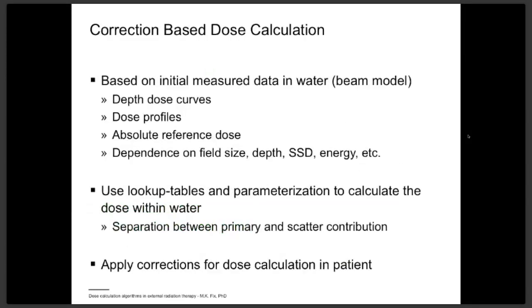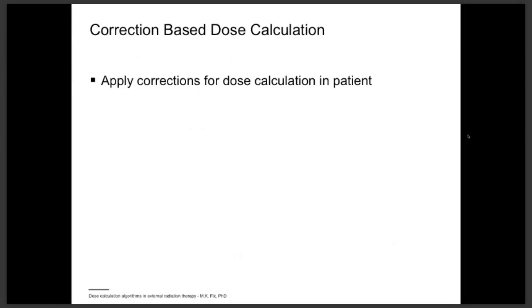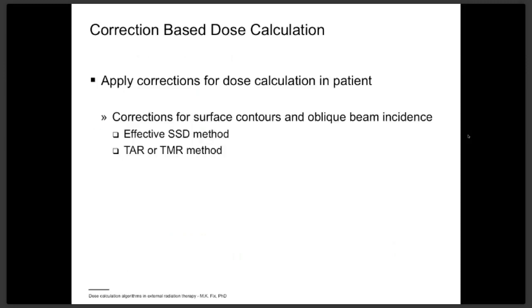Okay, now where are we in the list? We have looked at the initial measured data in water. We have made lookup tables like the tissue air ratio or tissue phantom ratio. And now we need to apply corrections for the dose calculation in the patient. The first one would be that we need to correct for surface contours and oblique beam incidence.